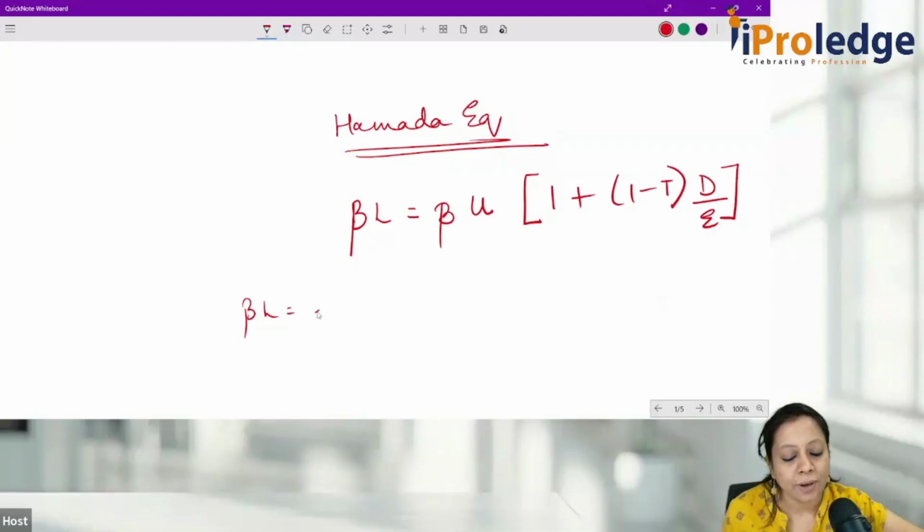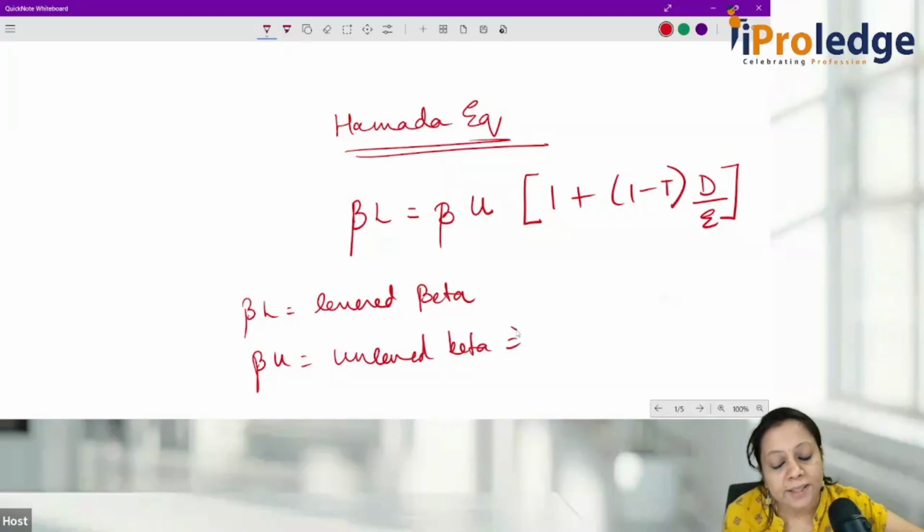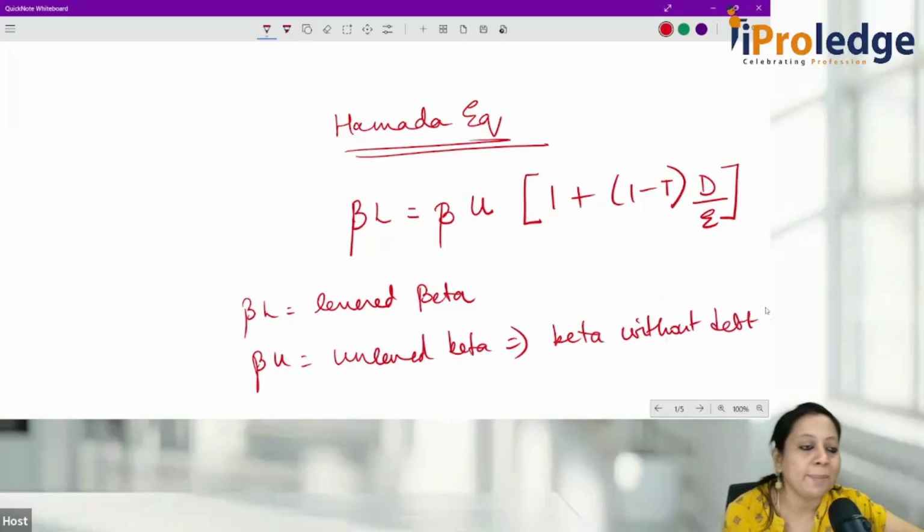BL stands for levered beta. BU stands for unlevered beta. Unlevered beta means beta without debt. Levered means debt. Unlevered means no debt. That's all.